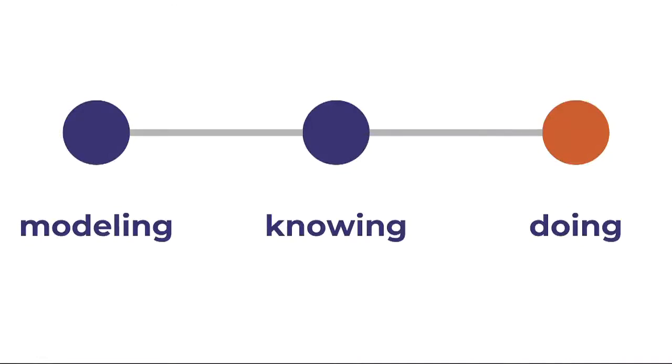So to sum up, some things have to do with modeling, others have to do with knowing, but the most important thing has to do with doing. And these three things can be seen from a different point of view.